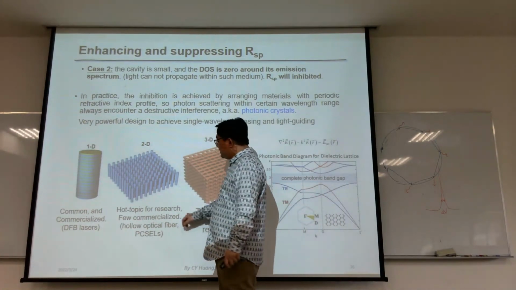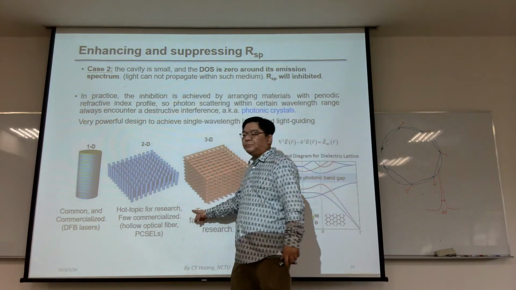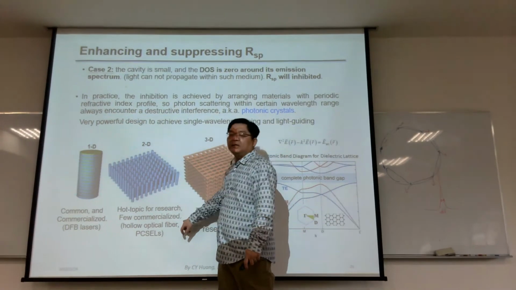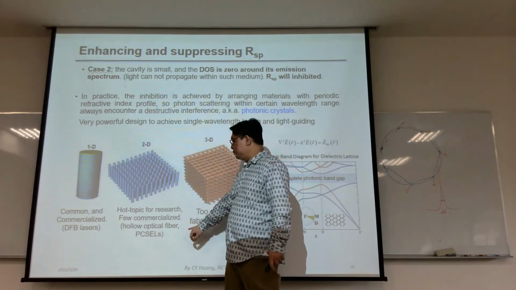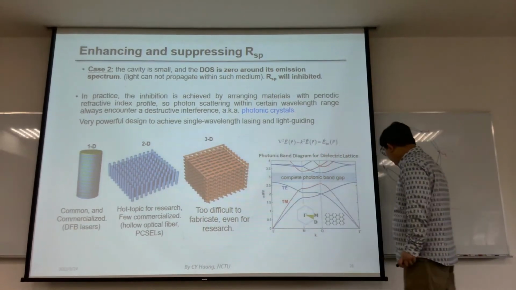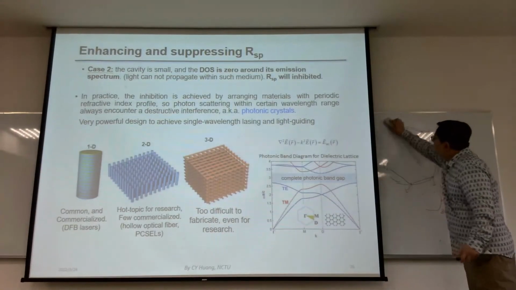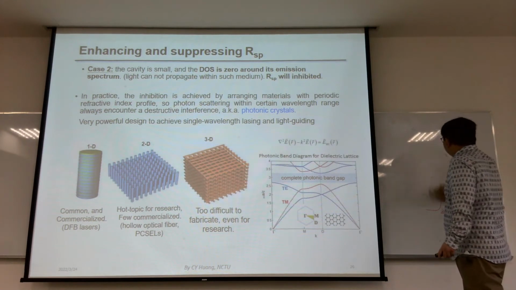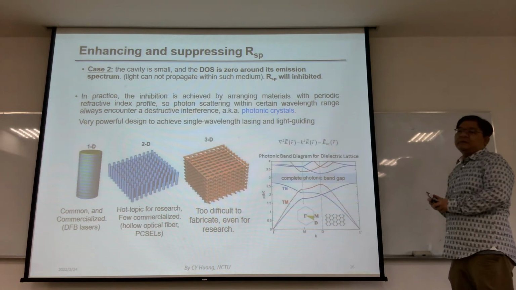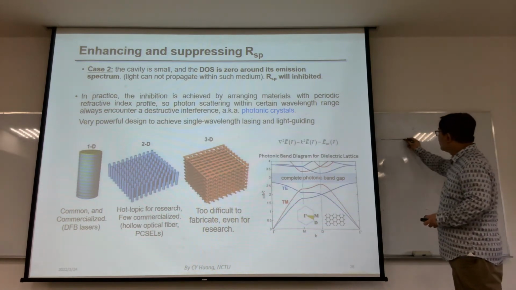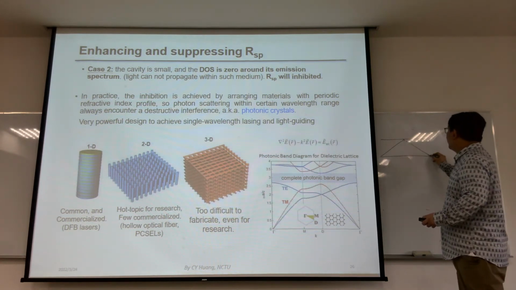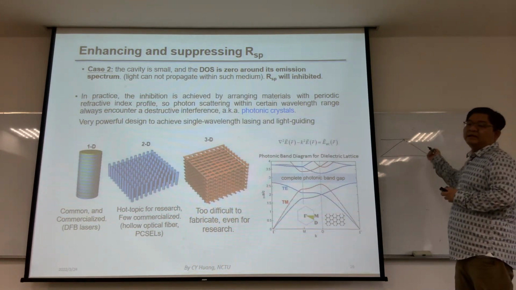If you can do that in a 2-dimensional way, the most useful application currently is to make a hollow fiber. What does hollow fiber mean? In an optical waveguide, we have light bouncing through and back, like this.